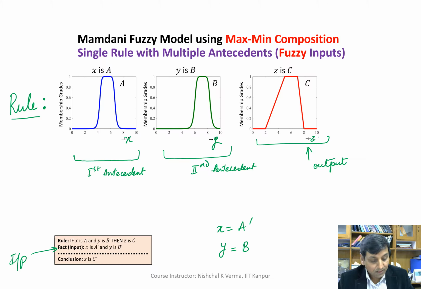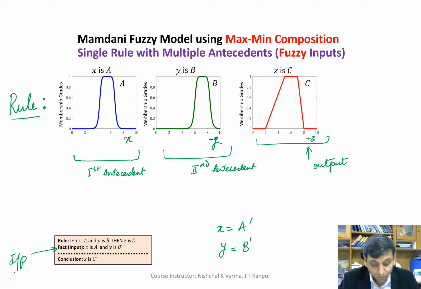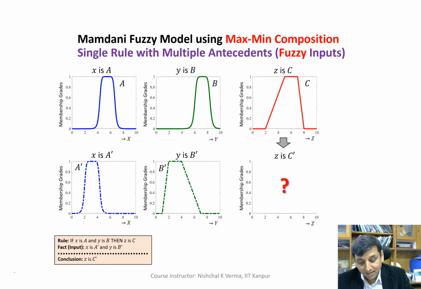Now let us do that. Since X, Y both are fuzzy values, they are represented by the fuzzy sets. You see here the A dash fuzzy set and the B dash fuzzy set.